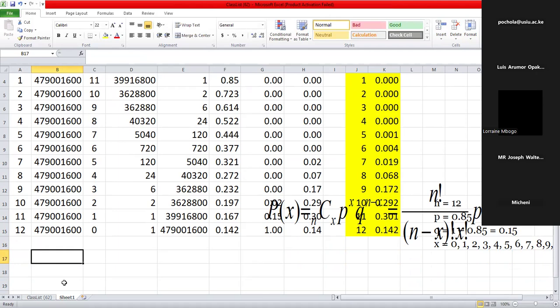So just write here. The first question here is that P, X greater than or equal to 3. So write the greater than or equal to sign here.